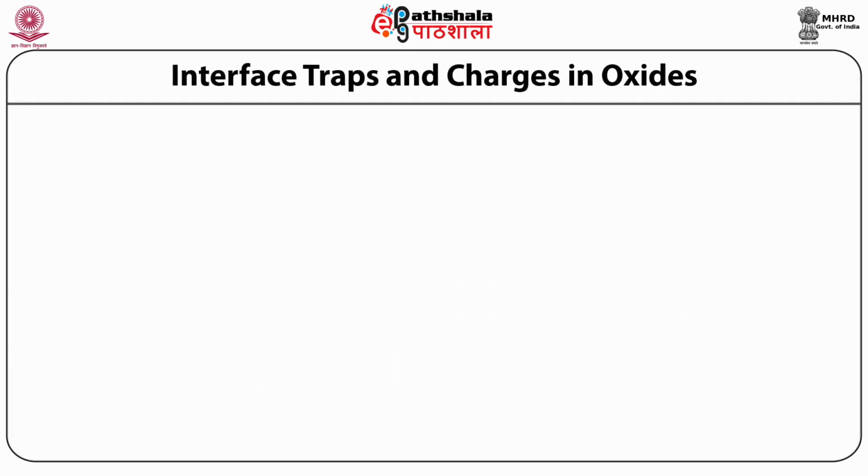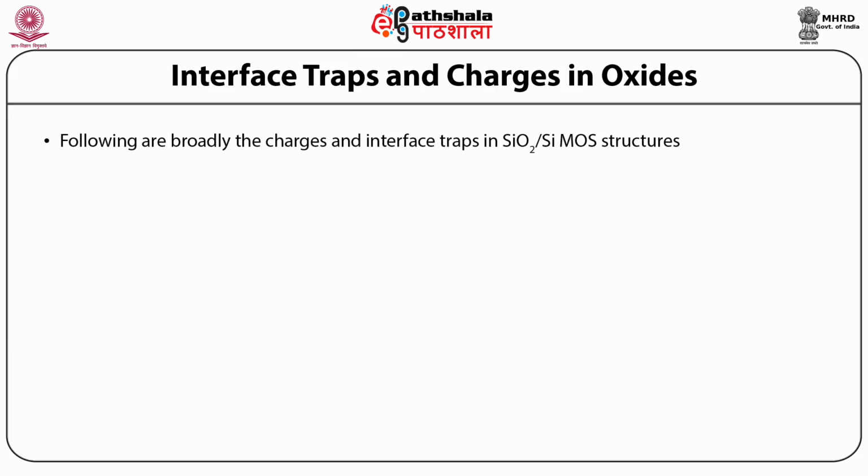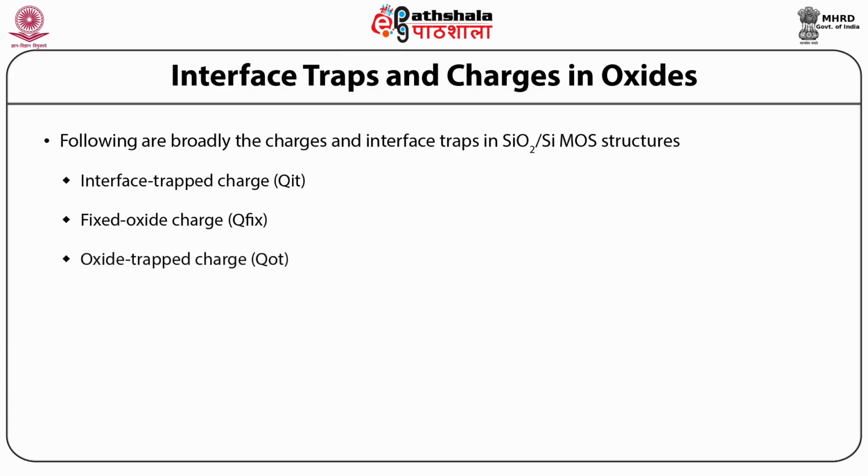Let us now discuss the interface traps and the charges in oxides. Broadly, the following are the charges and interface traps in the SiO2-Si MOS structure: interface trapped charge QIT, fixed oxide charge Qfix, oxide trapped charge QOT, and lastly the mobile ionic charge Qmobile.